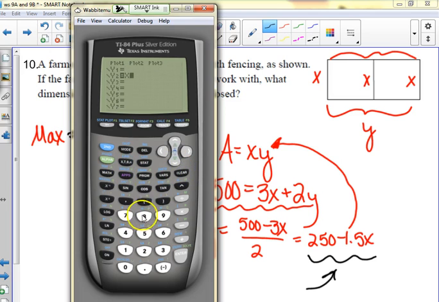It was x times 250 minus 1.5x. Okay. That's the maximum area. I'm thinking it's actually really high, but I'm gonna try 0 to 50 and 0 to way bigger. See, I just tried something.